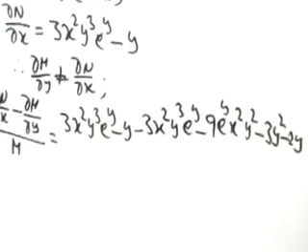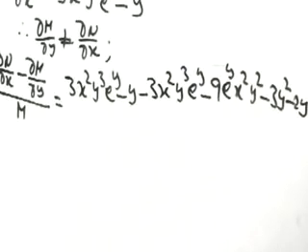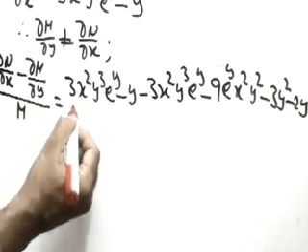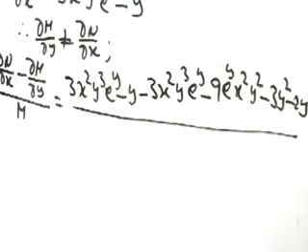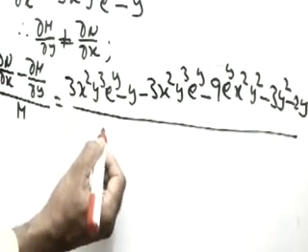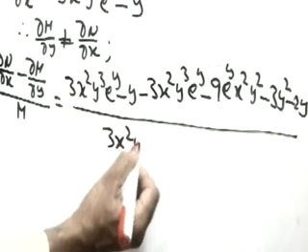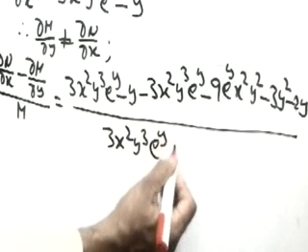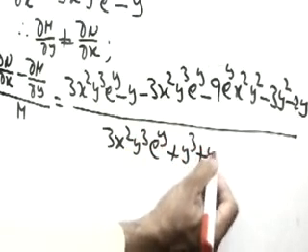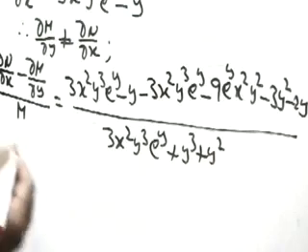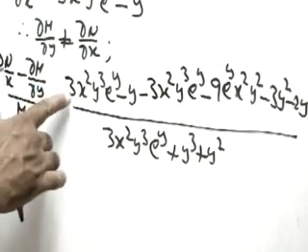So this is (∂N/∂x minus ∂M/∂y) divided by M. The value of M is 3x² y³ e^y plus y³ plus y². Now let me solve this one.